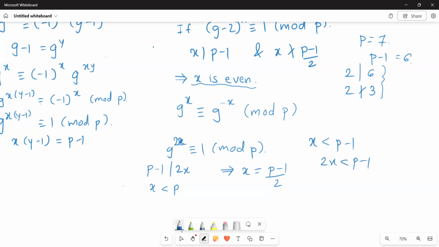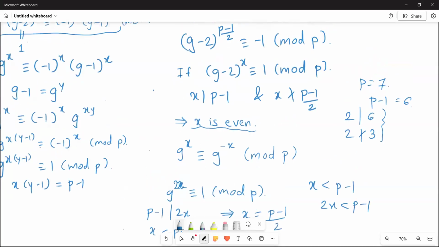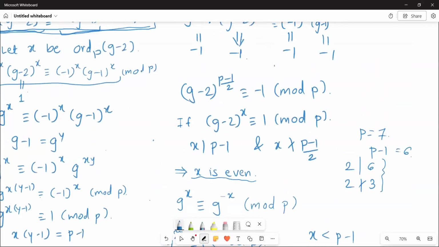I think this should be doable. How did we get g to the 2x is congruent to 1 mod p? Oh, this we got, yeah.